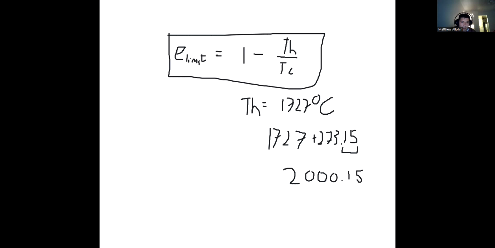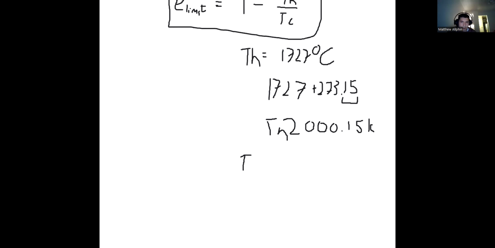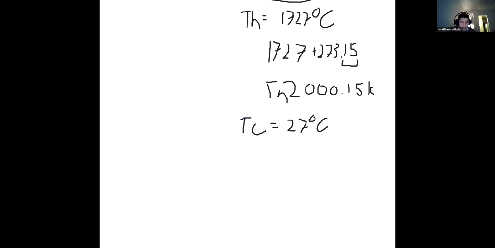That gives me 2000.15 Kelvin. So that's my hot temperature, and then my cold temperature, given to me, was 27 degrees Celsius. Let me see what it says in here. If it just says 273 in your test booklet, I'm just going to use that actually.